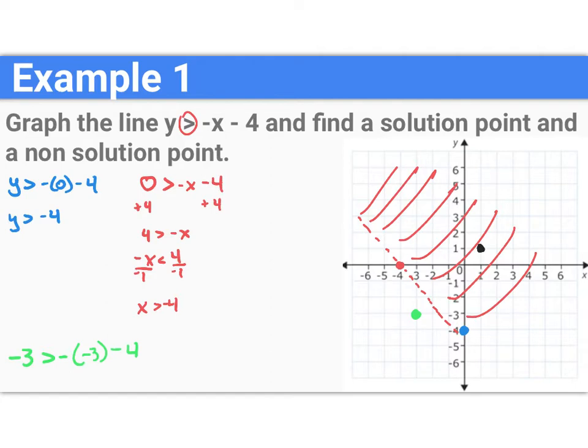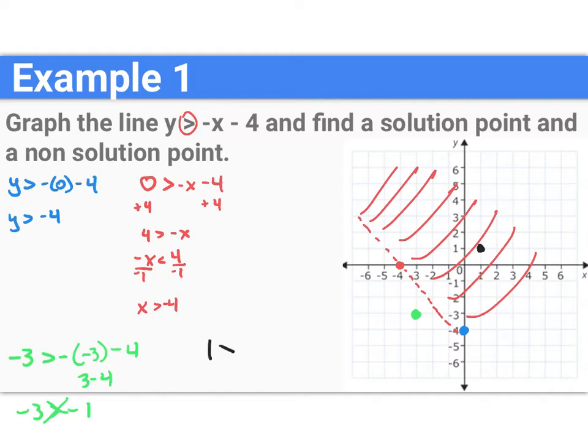Negative times negative 3 is positive 3, minus 4, which is negative 1. And we know that negative 3 is not greater than negative 1, so that does not satisfy the inequality. Negative 3 is smaller than negative 1. As you go further left, you go smaller, even though 3 is bigger than 1.